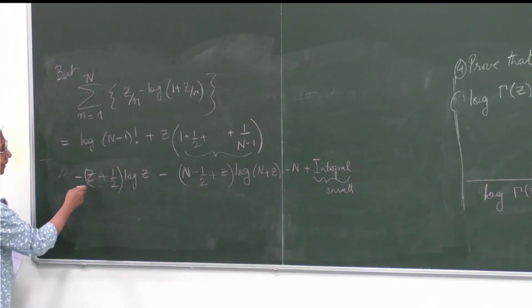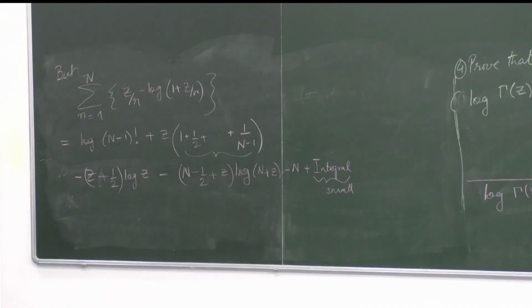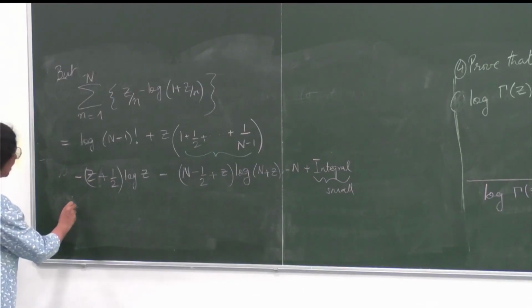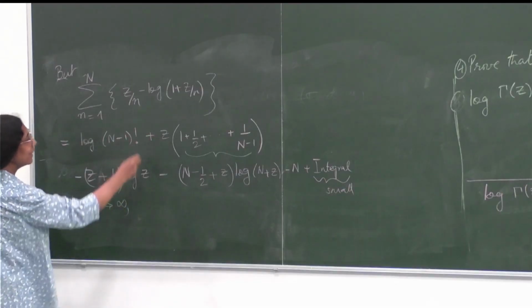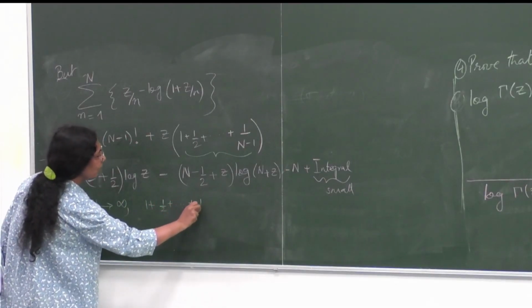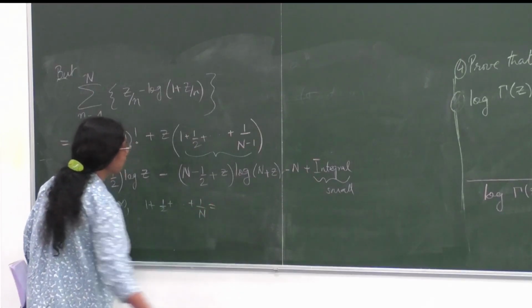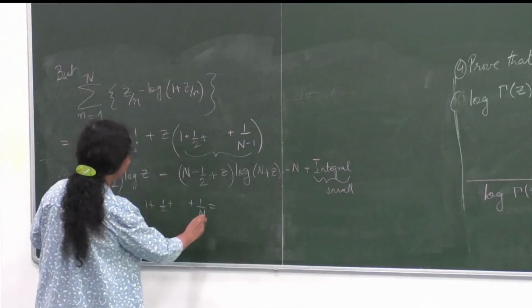You recognize this sum, 1 plus half plus up to 1 upon n minus 1.